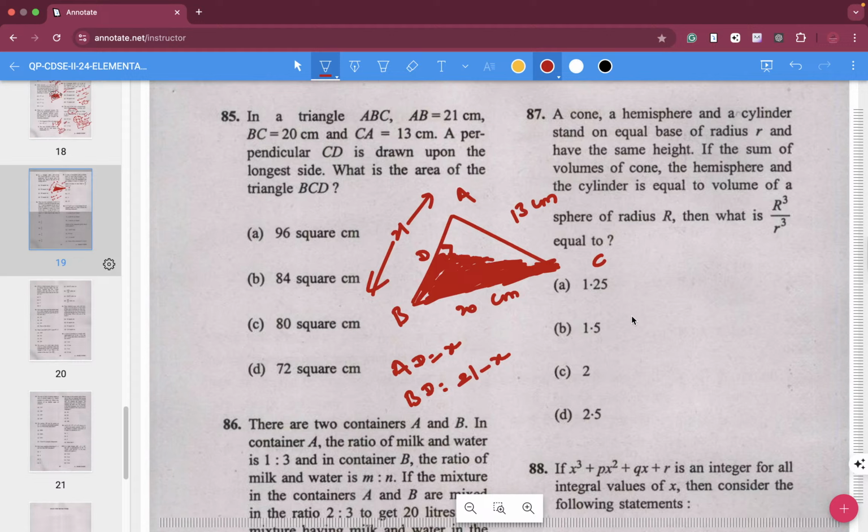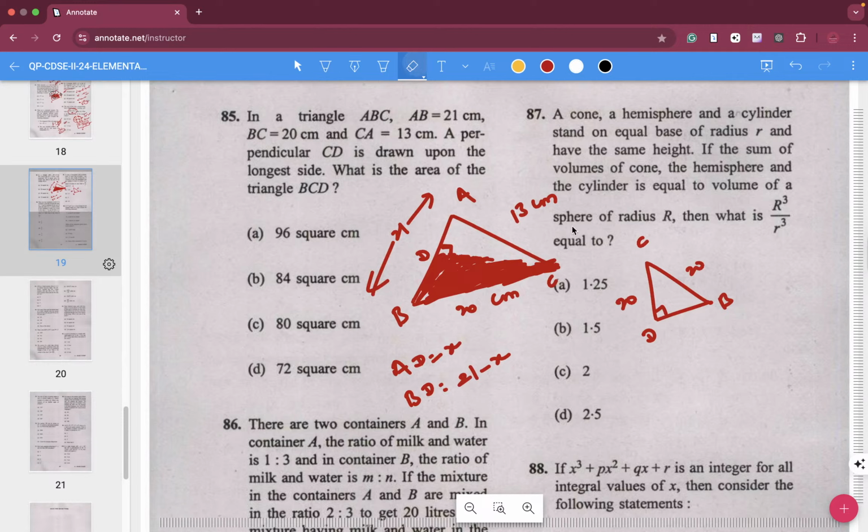Now if you look at this particular triangle over here, which is D, C and B, then CB is equal to 20.